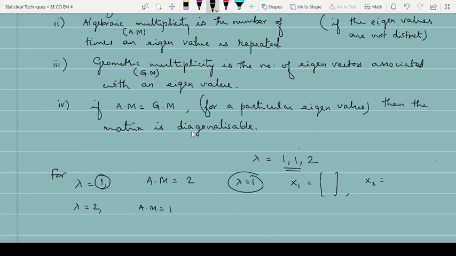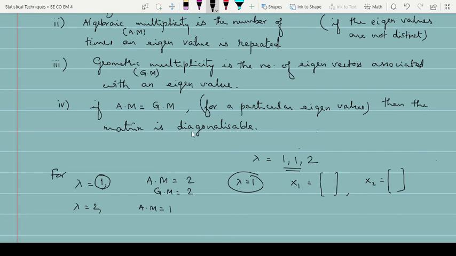We know how to do this. Then geometric multiplicity also will be 2. So lambda equal to 1, I got two vectors, so geometric multiplicity is 2.